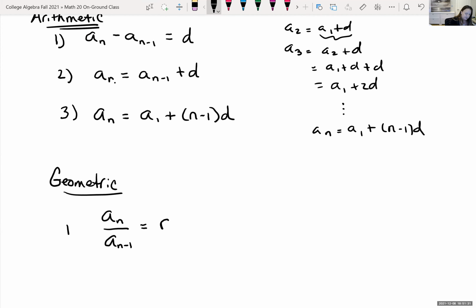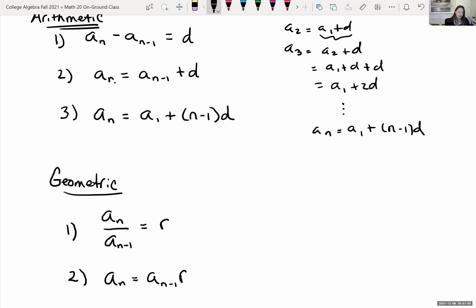So that's the first formula, that's the definition. The second formula for geometric that can be helpful sometimes is that our term a sub n is equal to the term right before it, a sub n minus 1, times whatever that common ratio is, r.